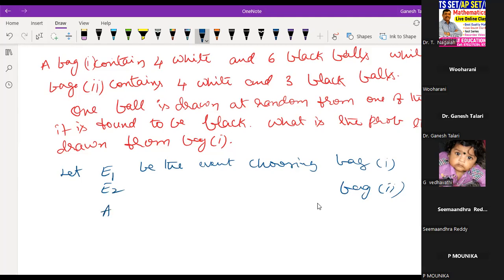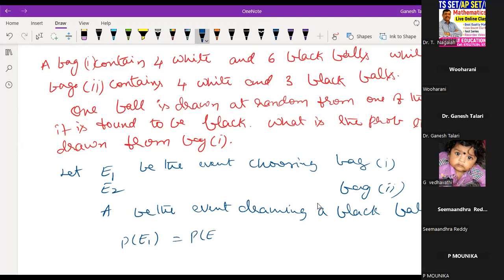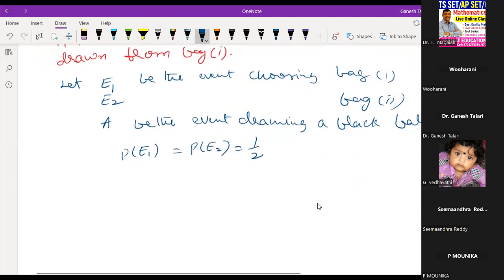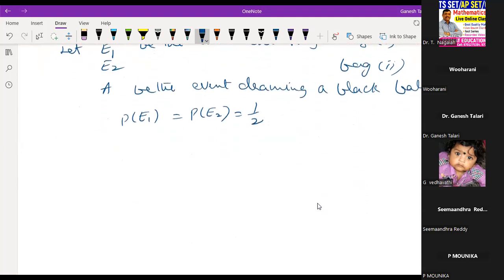Capital A is the event of drawing a black ball. That's it. So we know that probability of E1 is equal to probability of E2, that is half, because any one bag can be chosen, it may be any bag.